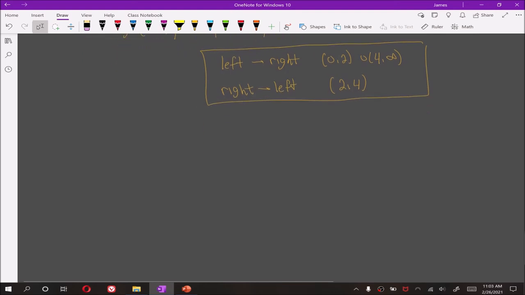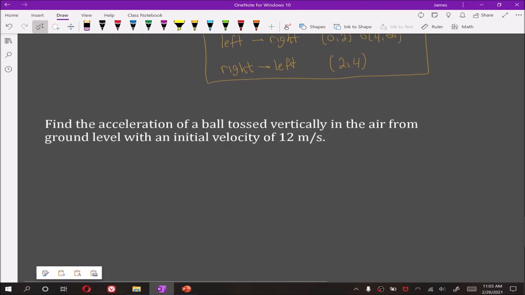Now let's consider this problem. Find the acceleration of a ball tossed vertically in the air from ground level with an initial velocity of 12 meters per second. Right.